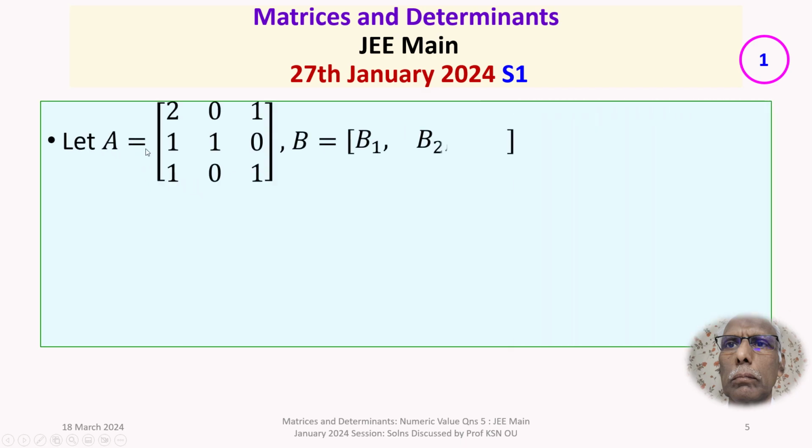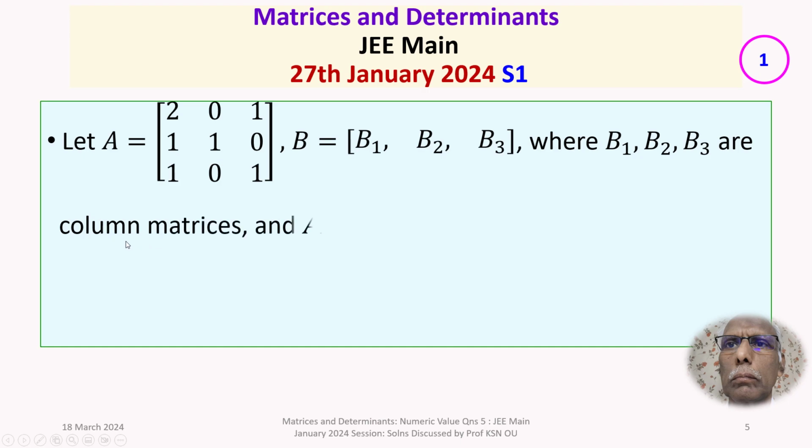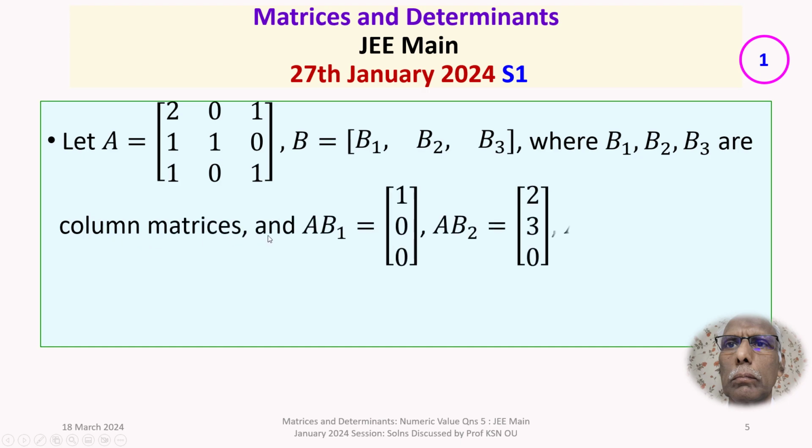Let A be a matrix whose first row is 2, 0, 1, second row 1, 1, 0, third row 1, 0, 1, and capital B is equal to [B1, B2, B3], where B1, B2, B3 are column matrices and AB1 is equal to the column matrix 1, 0, 0, AB2 is equal to 2, 3, 0, AB3 is equal to 3, 2, 1.